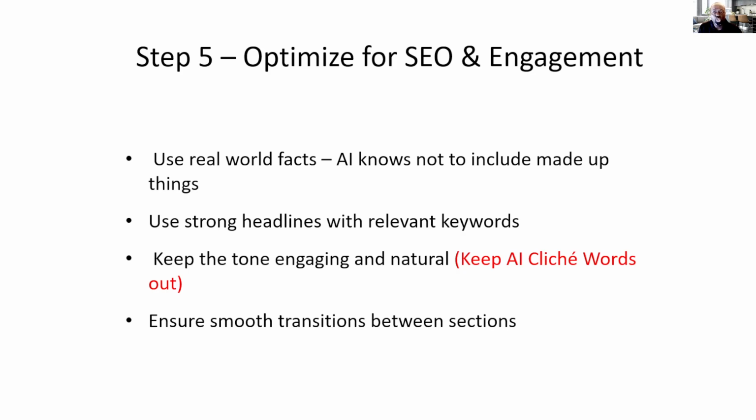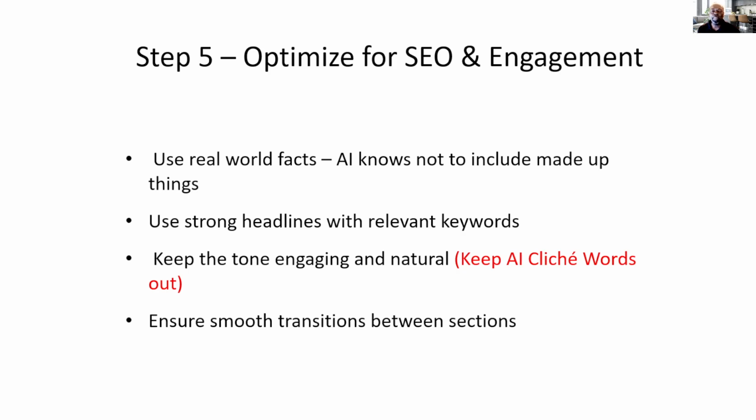So you're using your usual strong headlines, and you are making sure that your examples avoid AI cliche words, like we said, the delves, the journeys, or the "in a world of", "embark on", those kinds of things. You want to make sure that they're absent in your content.